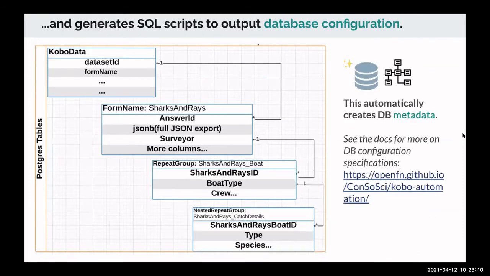For those of you interested in the database side and how this all works, there's a standard data model configuration format that OpenFN will use when it analyzes your Kobo form.